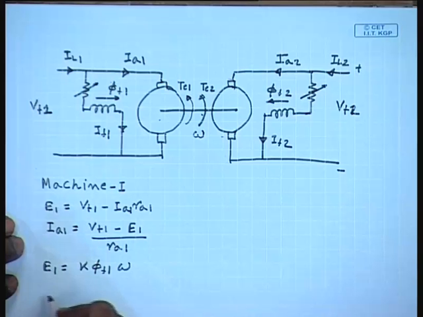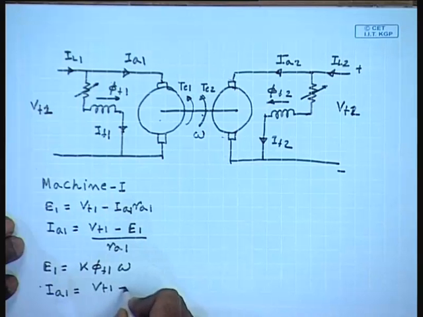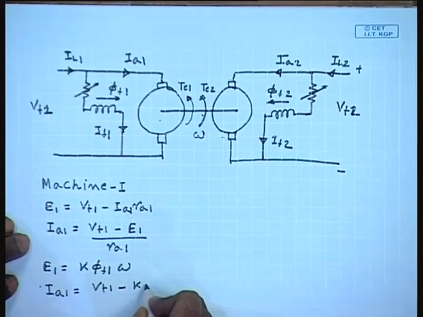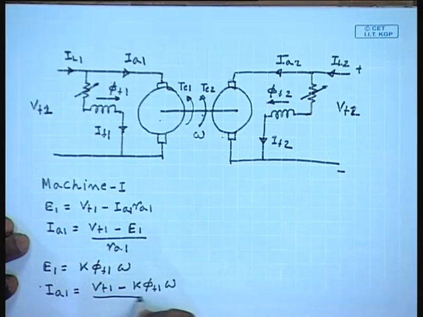So, Ia1 equal to Vt1 minus K phi f1 omega by Ra1.